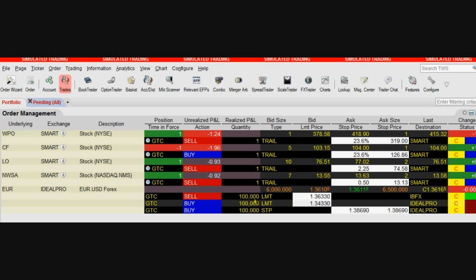Now remember, it said 12 hours, which meant we should have canceled this order at 4 o'clock. Well, I'll probably be up for another couple of hours, so I'm just going to let this order keep going for another couple of hours. We're not in it yet, so we're not losing any money, but it is getting very close to our target price. It's made a pretty good move up since we put this price in.